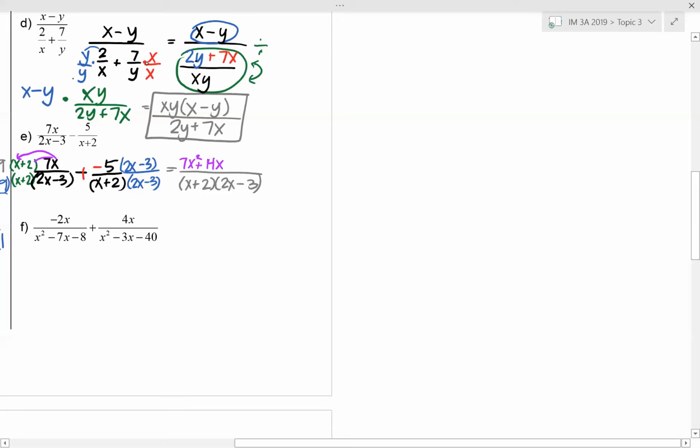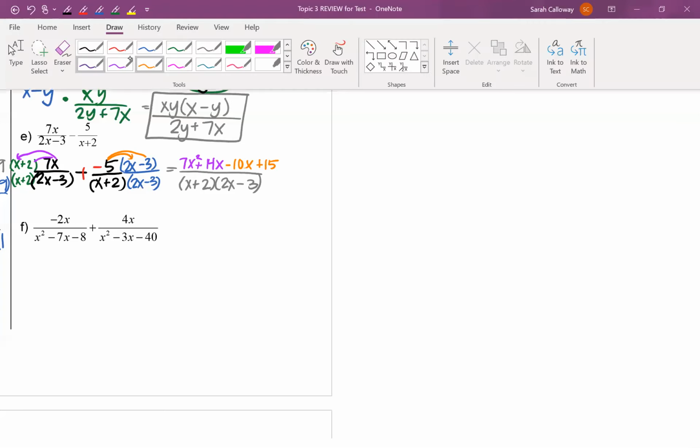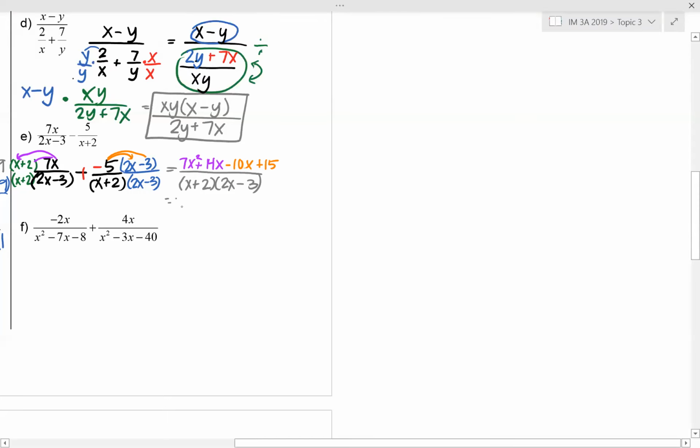And I need to distribute negative 5 into 2x minus 3. So that's going to give me negative 10x plus 15. So then I want to combine like terms in the numerator, which gives me 7x squared plus 4x plus 15 over 2x minus 3 times x plus 2.